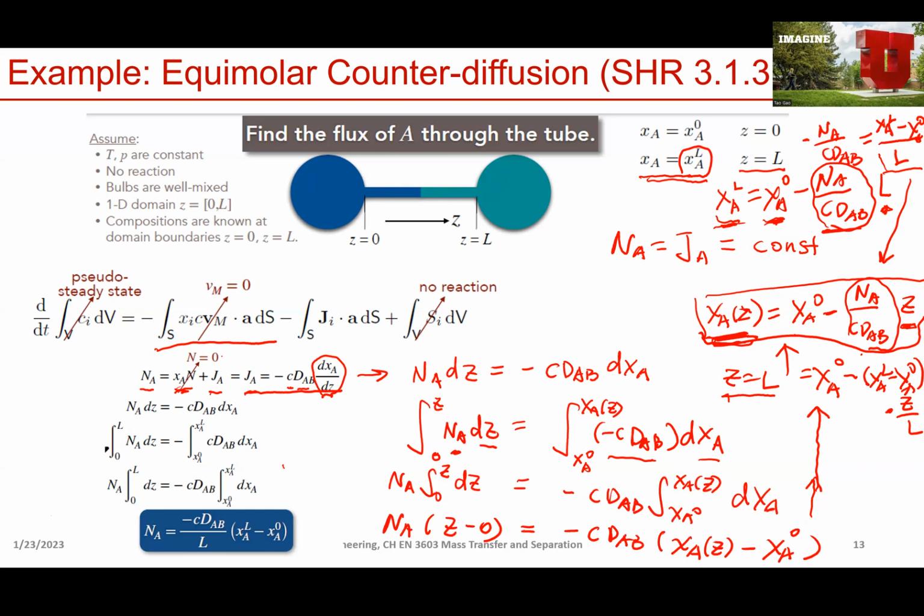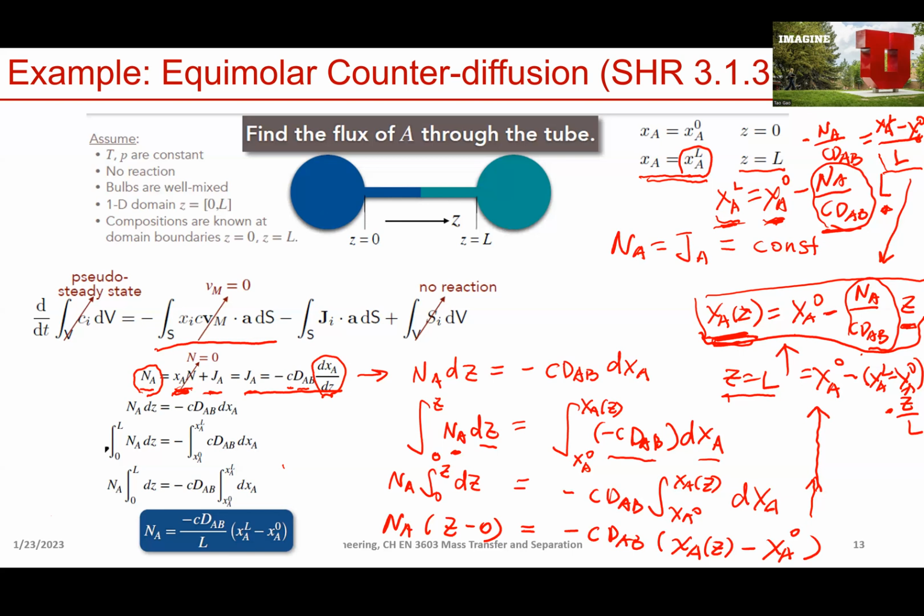That's because, if you break down this equation, this is the total mole flux of A, which equals the convective mole flux of A plus the diffusive mole flux of A. And the convective mole flux of A equals the mole fraction of A multiplied by the total convective flux of A plus B, for a binary system.